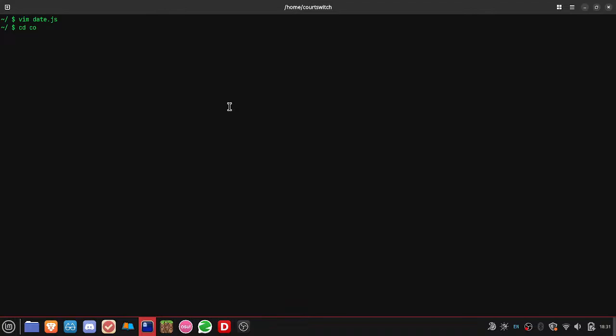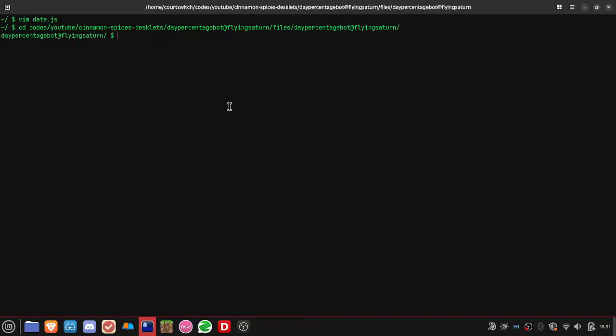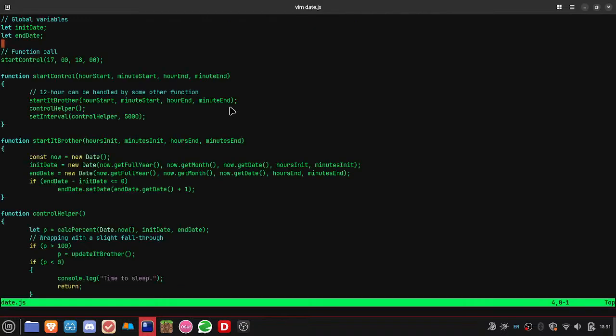Let's just explain it fast. Okay. Now at first, these are the global variables, init and init, and this is the function call.